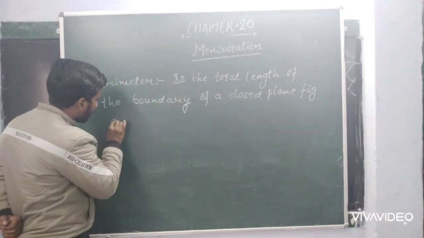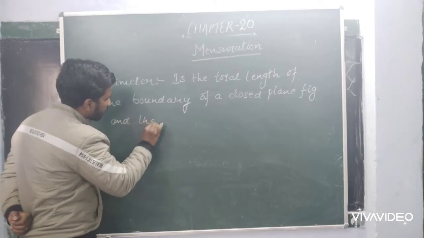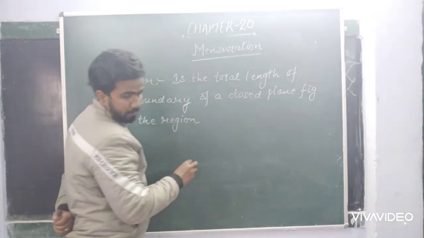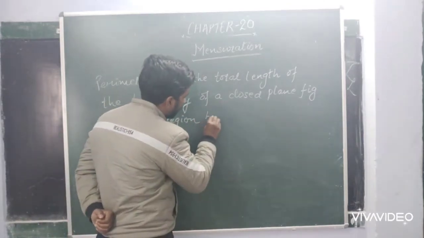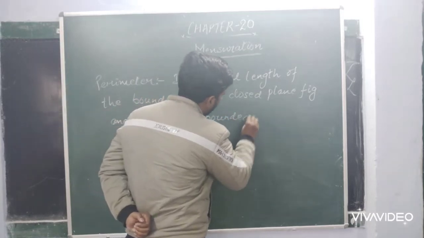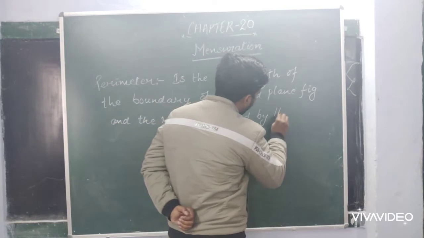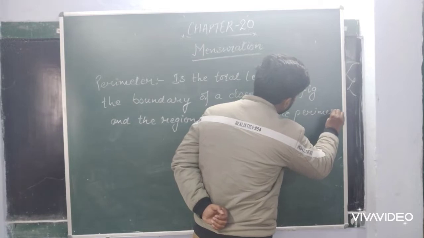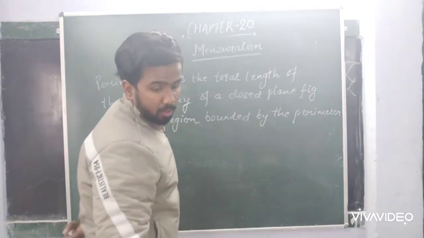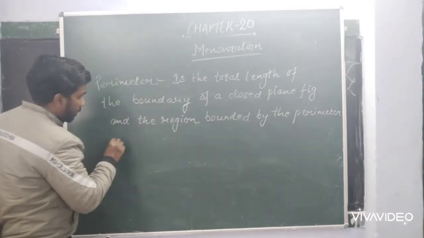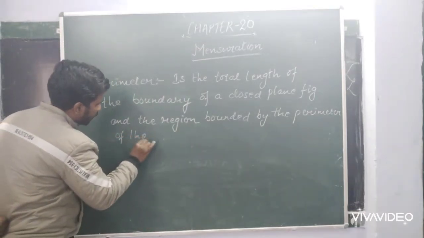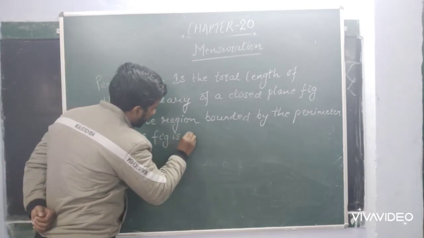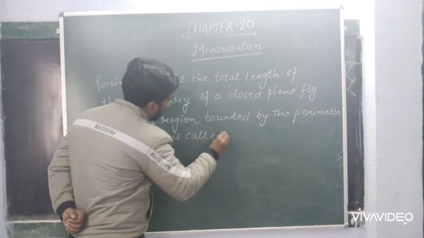The region bounded by the perimeter of the figure is called its area.